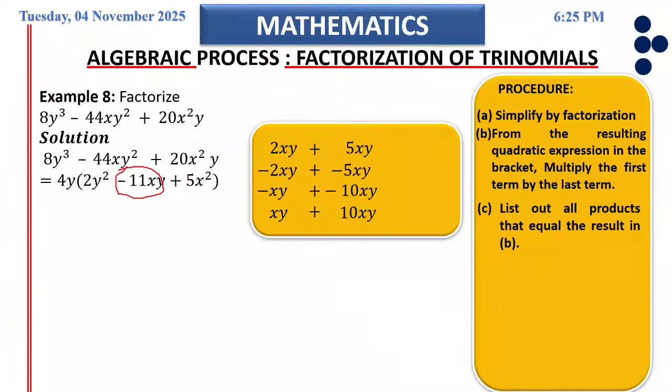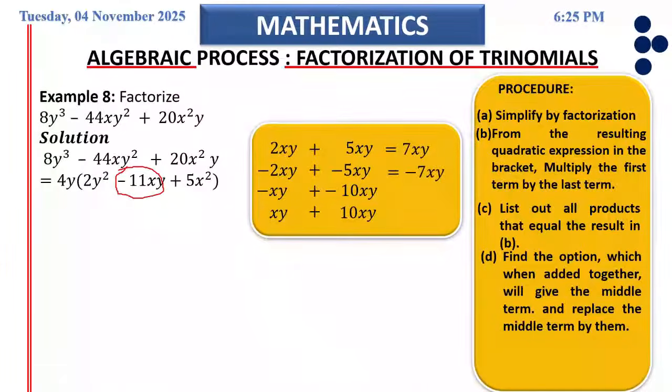Let's start by adding. The first one, you have 7xy. Is it equal to our middle value? No. The second one, minus 7xy? No. The third one, minus 11xy. Yes.